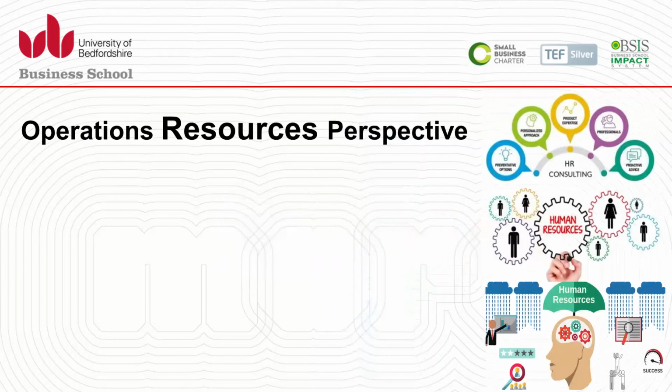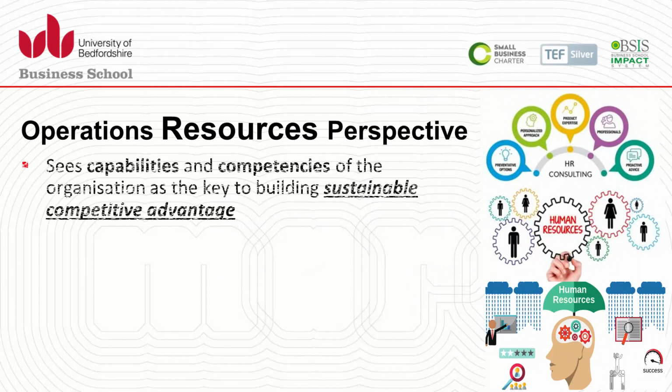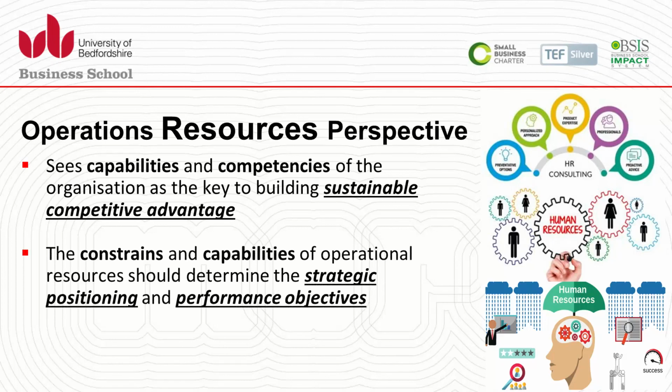So the perspective from resources in operation is more important, as it sees the capabilities and competencies of the organization as the key to building sustainable competitive advantage. However, at the same time, the constraint and capability of operational resources could determine the strategic positioning and performance objective.